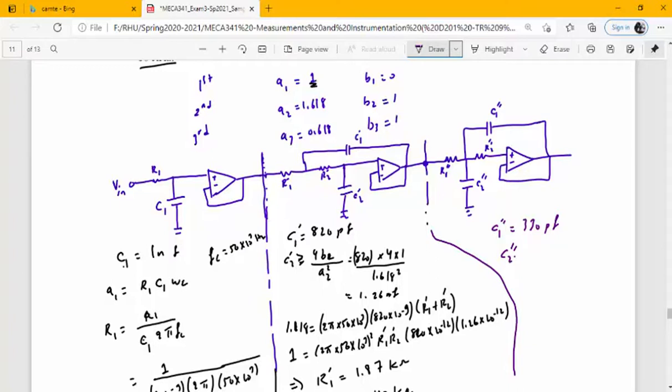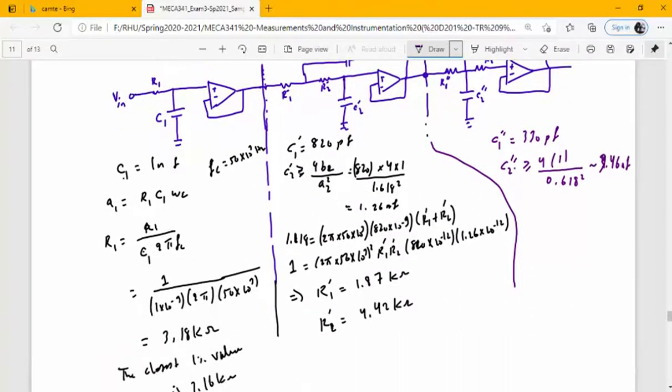Let me substitute this time: B3 is equal to 1 over A3 squared, 0.618 squared. And this would be equal to in order of 3.46 nanofarad.